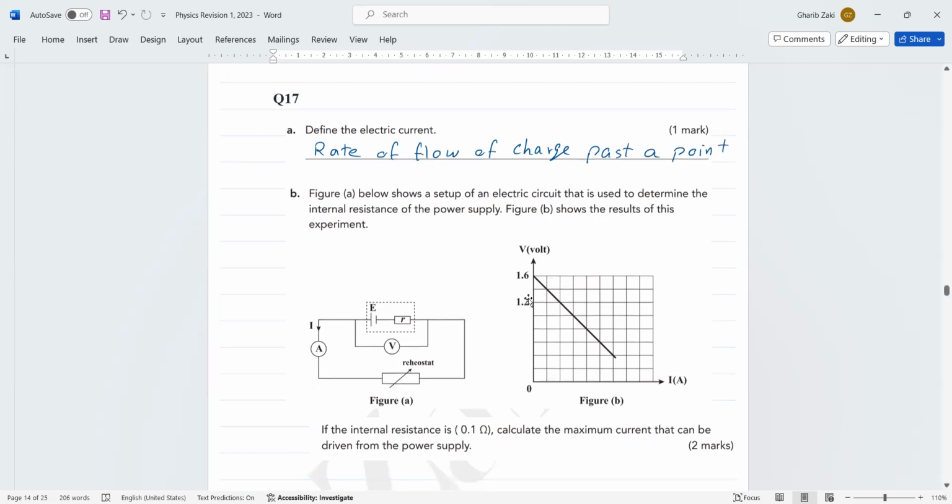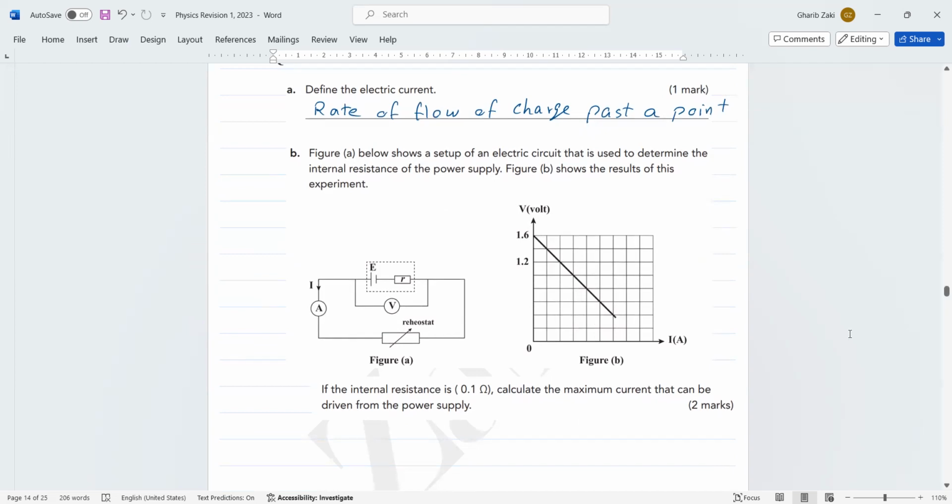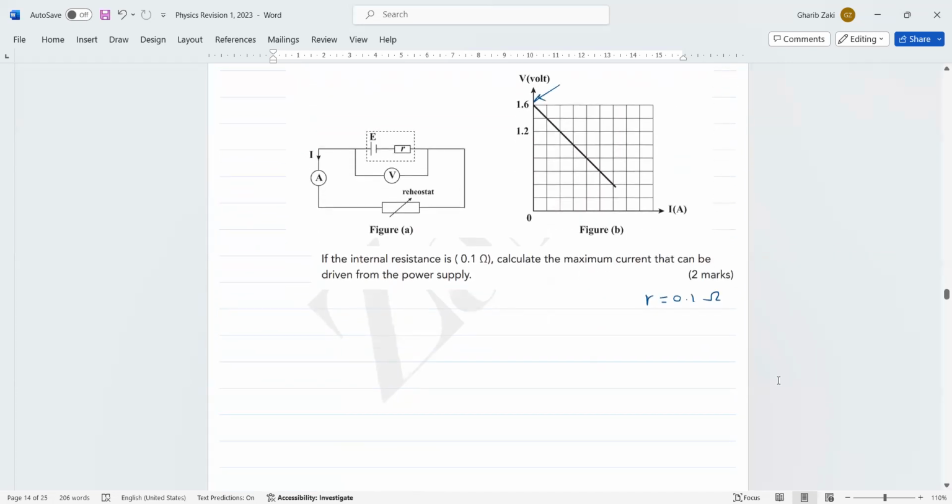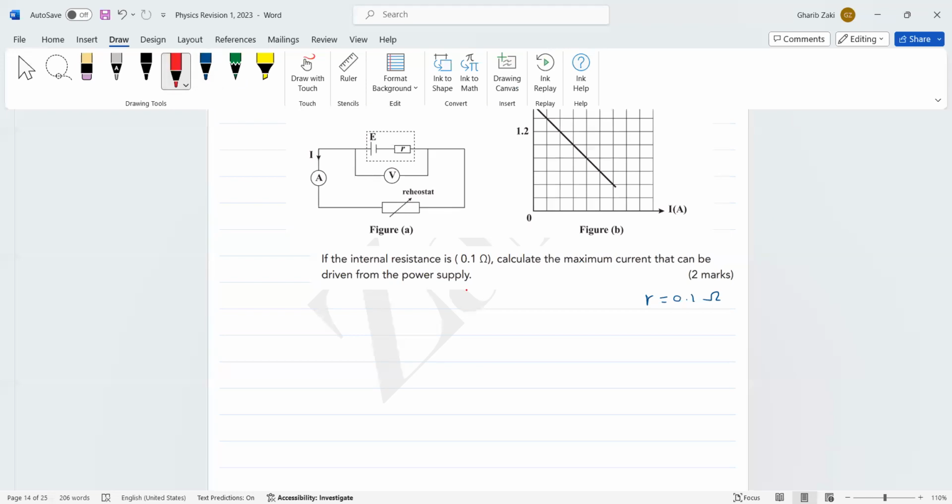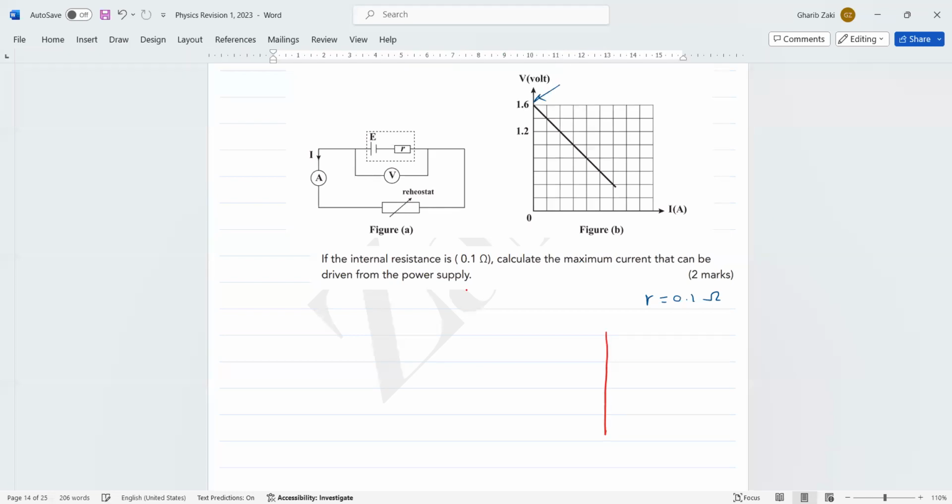Now, next step here. Here it said the internal resistance is, so we have given here R small, 0.1 ohm. And from the graph, just a quick review about this graph.